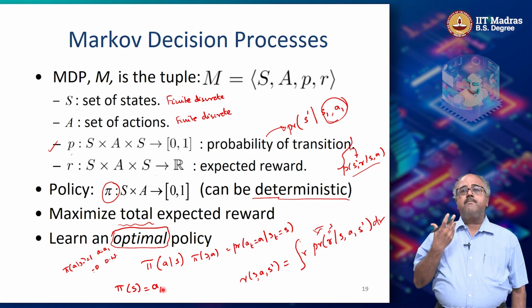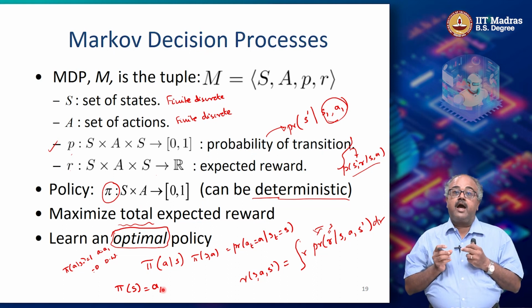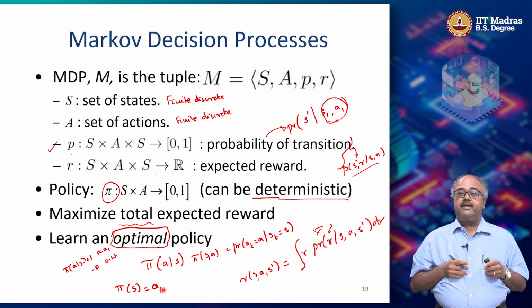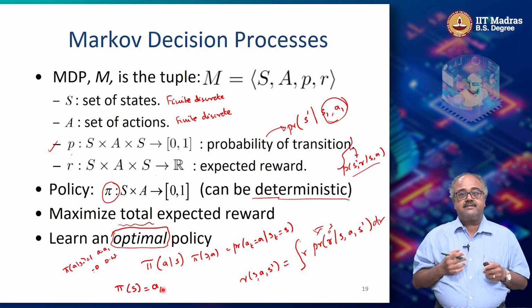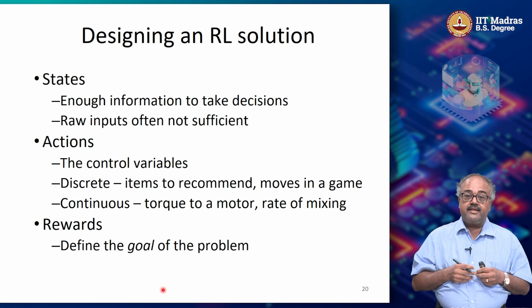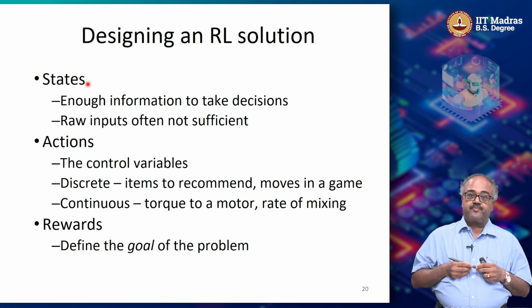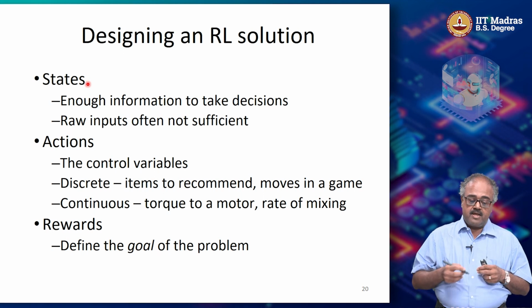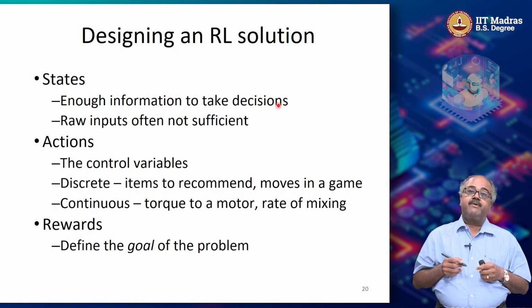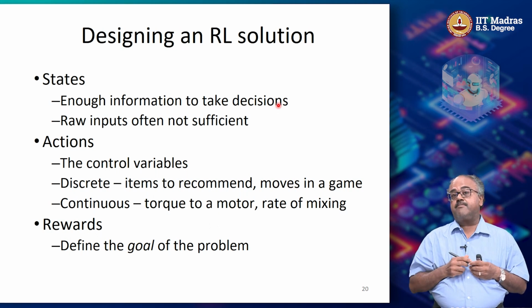When I take a reinforcement learning problem and formulate it as an MDP, when I'm trying to design a reinforcement learning solution, the first thing I have to think about is: what are the states? States should have enough information so that I can make decisions. If you remember, we talked about states having a Markov property.